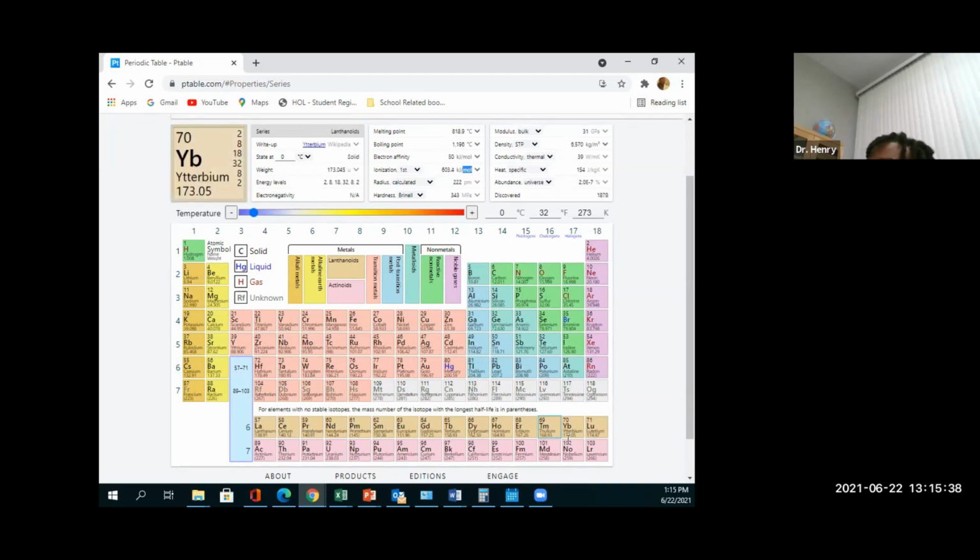So here we have the periodic table. So we know that the ionization energy is going to increase from left to right. One way that we know that is kind of logic-wise. We know that group 1 metals. Can you guys give me one metal that's in group 1 metals? In the alkali metals?